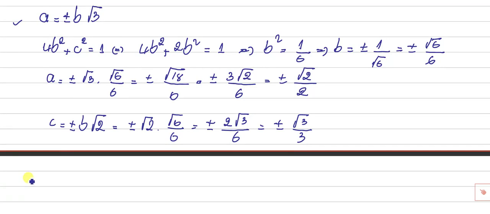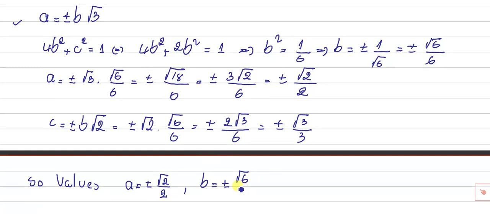So we get the value. Value A is equal to positive and negative square root of 2 over 2. And B is square root of 6 over 6.